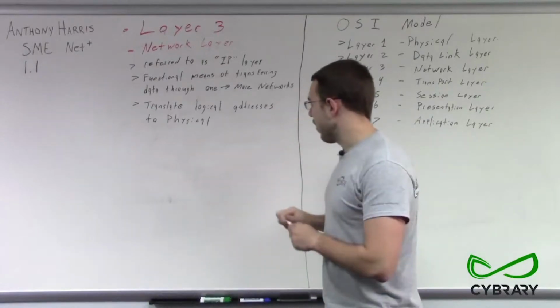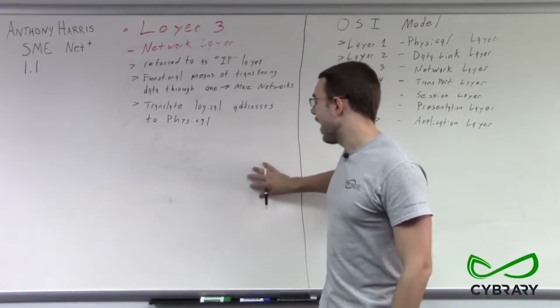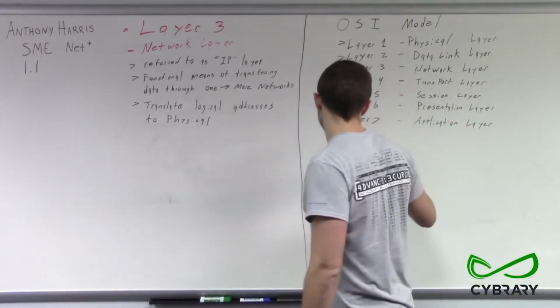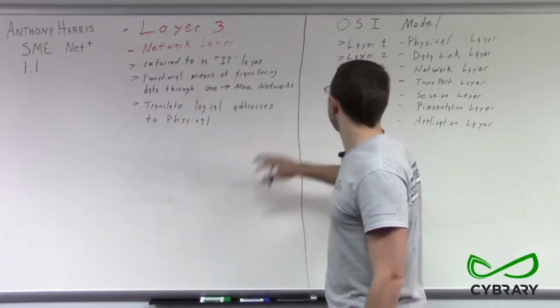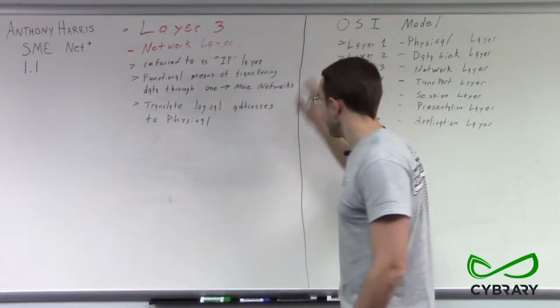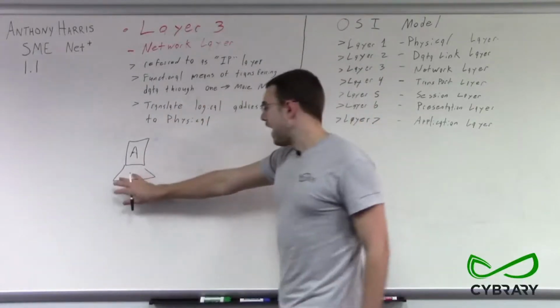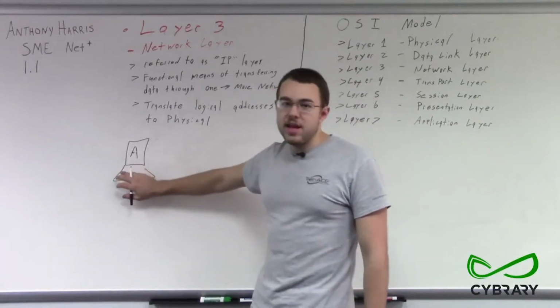Let's talk about the layers that we've hit so far. Now understand in this diagram, we're going to be omitting our layers 4, 5, 6, and 7, just for simplicity's sake. But in order to get a better understanding of these layers 1, 2, and 3, let's go ahead and draw them out. If we have computer A here, and computer A needs to send a data packet, well, computer A is going to take the data that it needs to send.